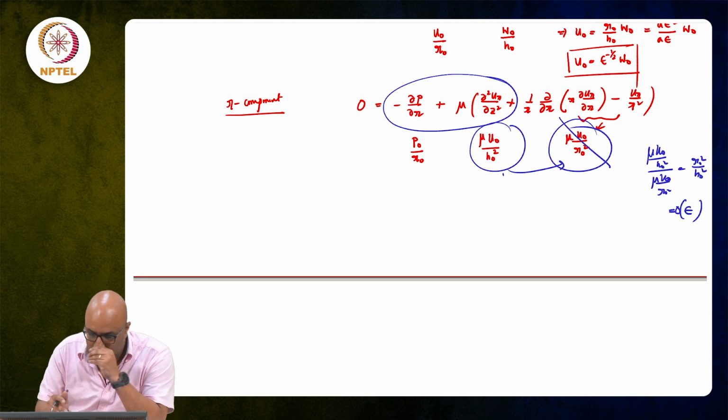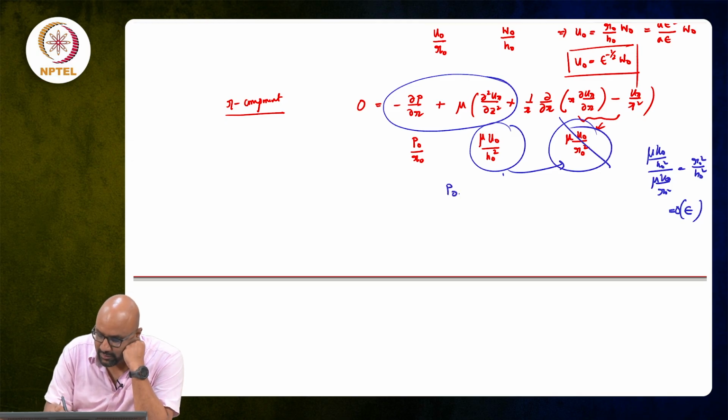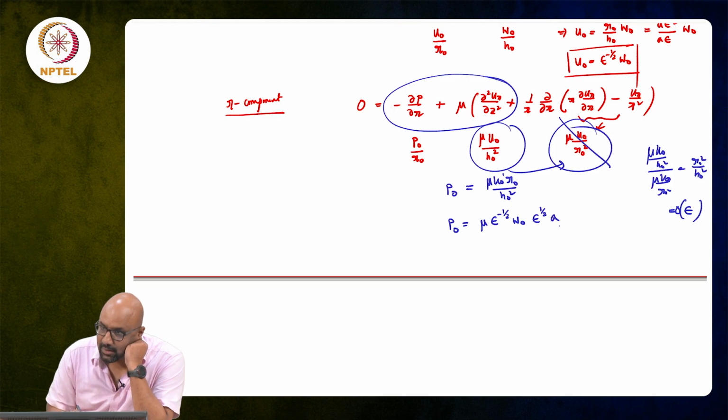Okay. So, this gives me a pressure scale which is mu u naught r naught by h naught square. If I write everything in terms of W and A, this is mu epsilon to the power minus half W naught. What is R naught in terms of A? Right? What is H naught in terms of A? So, this becomes A square epsilon square, right.